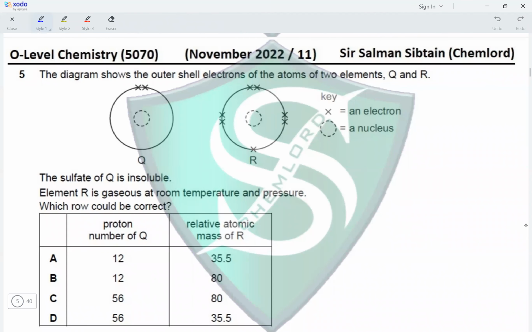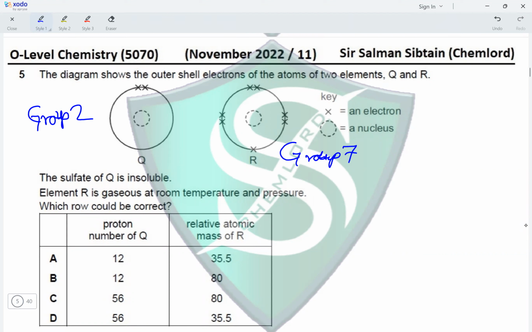Question 5. The diagram shows the outer shell electrons of the atoms of two elements Q and R. Okay, X is an electron and the dotted circle is the nucleus. Okay, so Q has two outermost electrons, so Q belongs to group 2, and R has 7 outermost electrons, so R belongs to group 7.